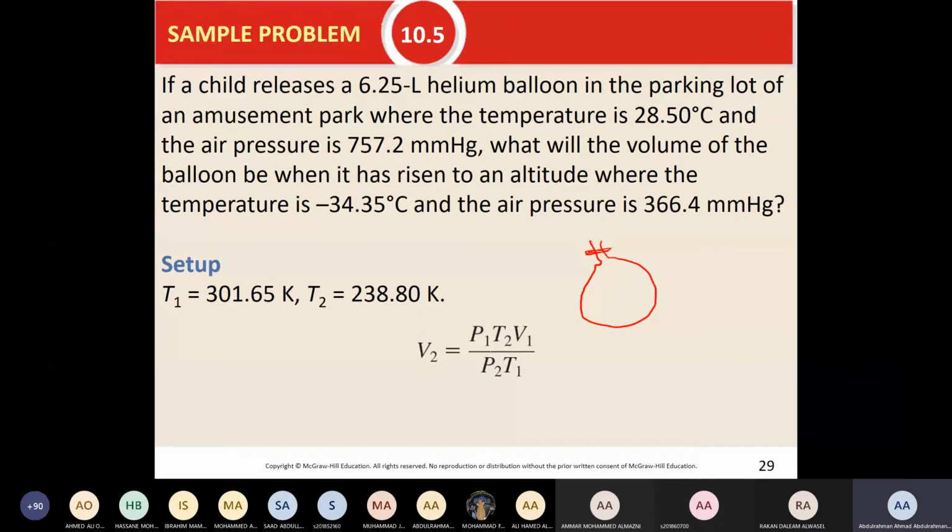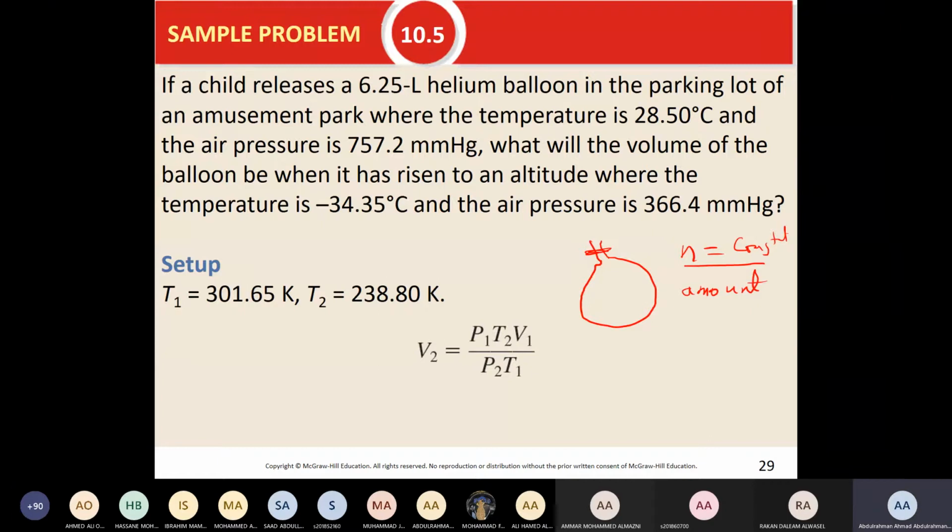Now, if you have this balloon closed, is N constant? Yes, it is constant. Why? Because it's closed, the amount is the same, right?